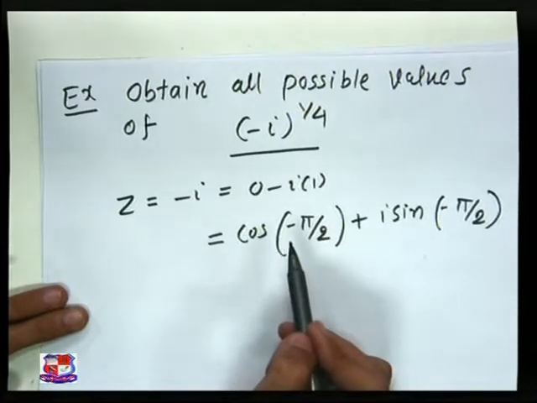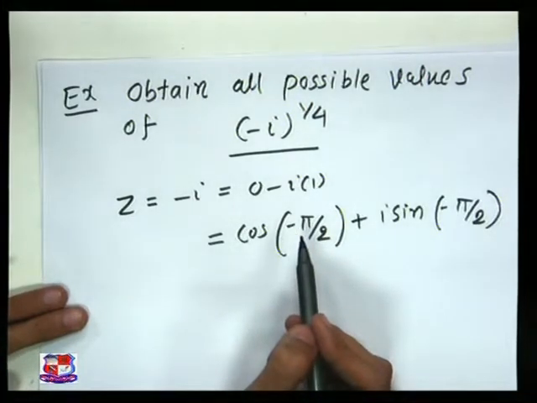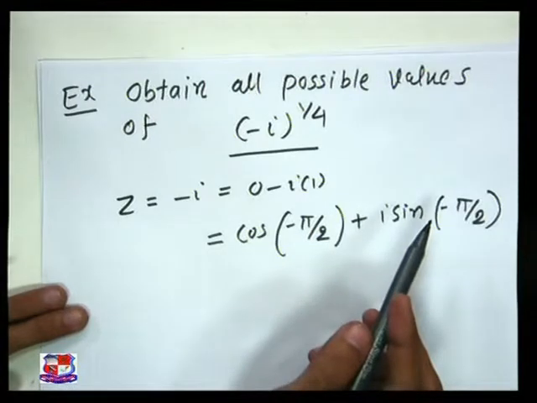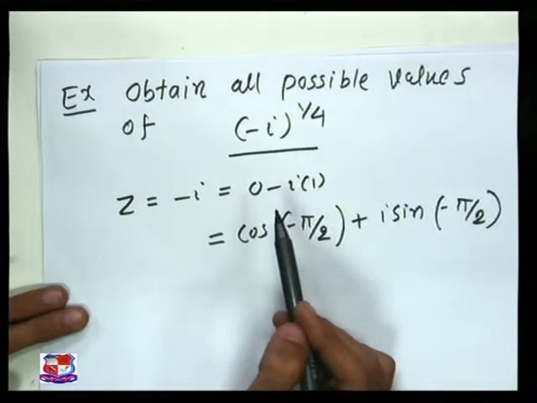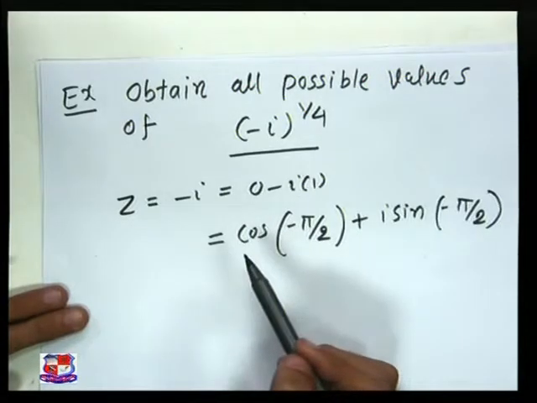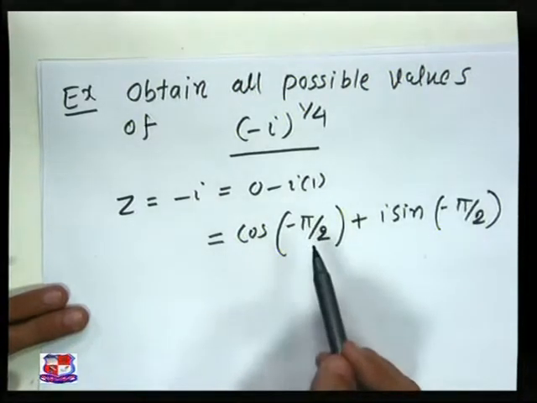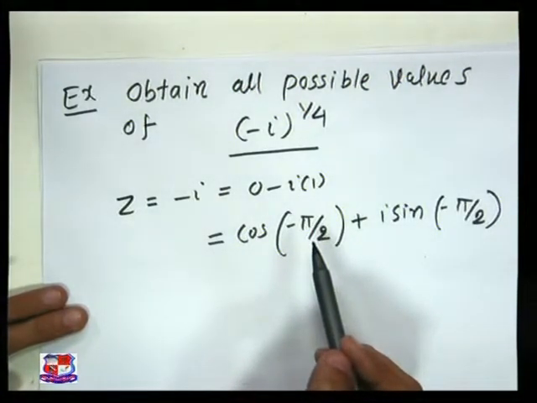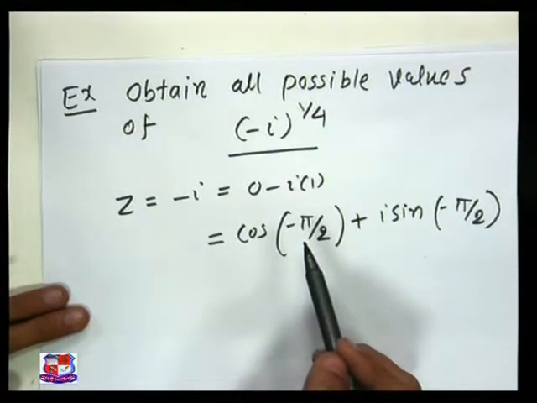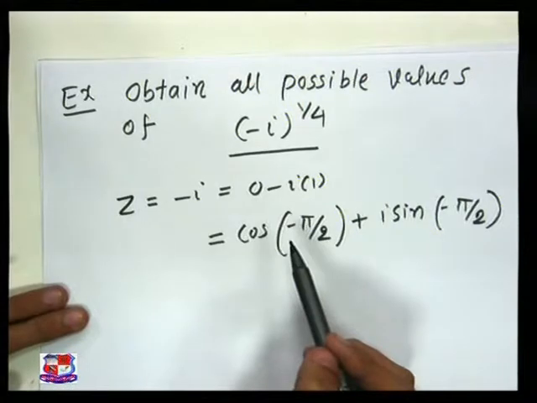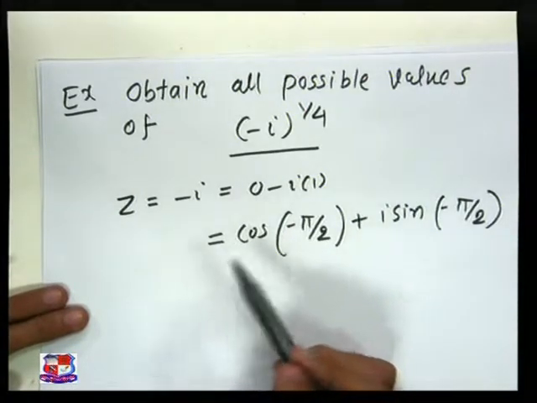We know that at minus pi by 2 sine is minus 1 and cos is 0, and we are going for the principal argument, so I have taken minus pi by 2, not 3 pi by 2, because the principal argument must be between minus pi and pi.